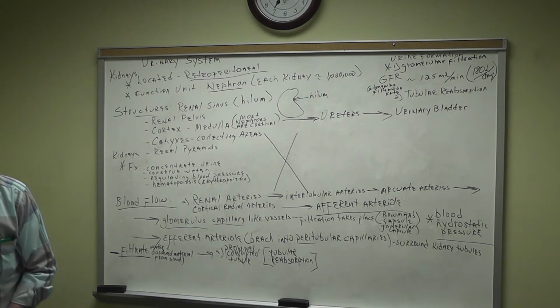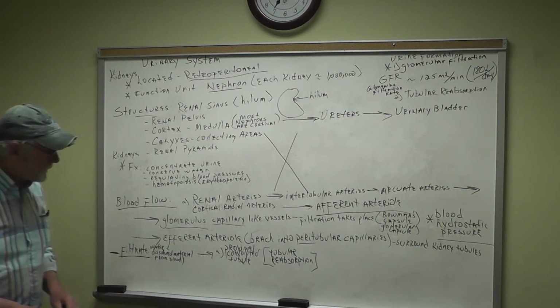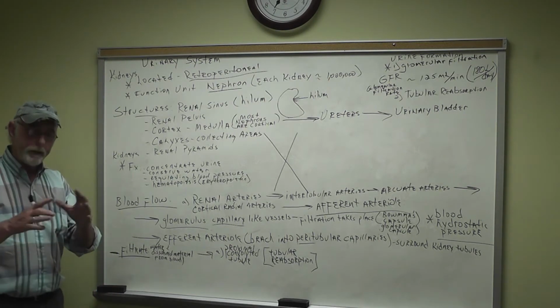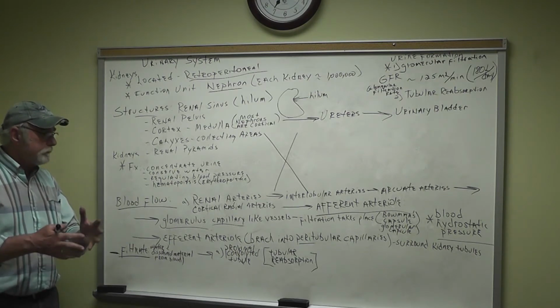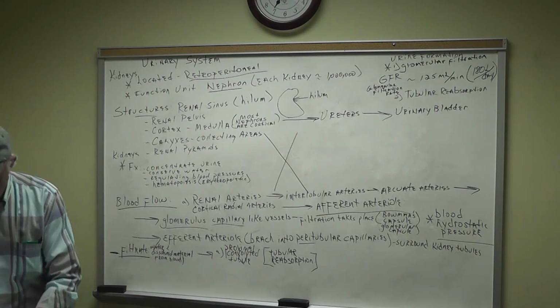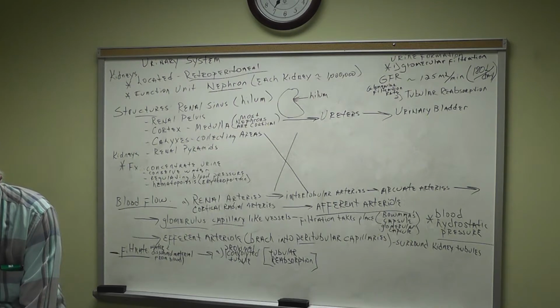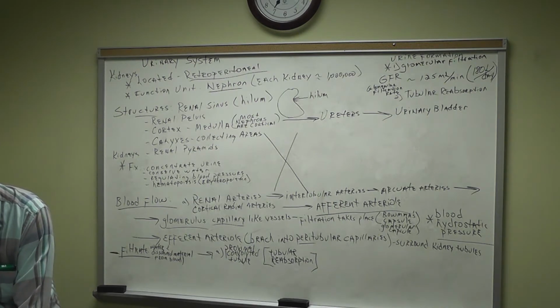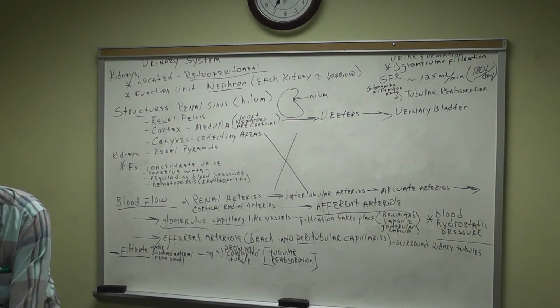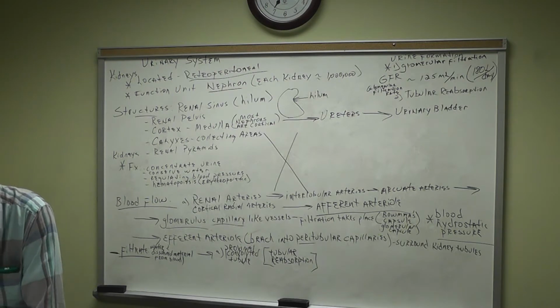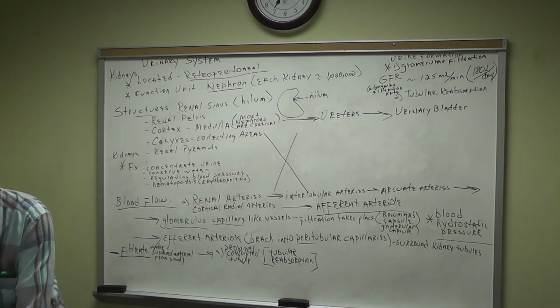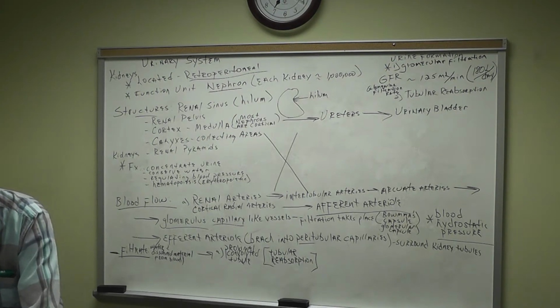Amino acids make up proteins, and uric acid is a byproduct of nucleic acid metabolism. Anyway, you can see that the amounts in the plasma and the amounts in the filtrate are equal, but then when we get to how much actually ends up in the urine, what doesn't end up in the urine, of course, is reabsorbed.